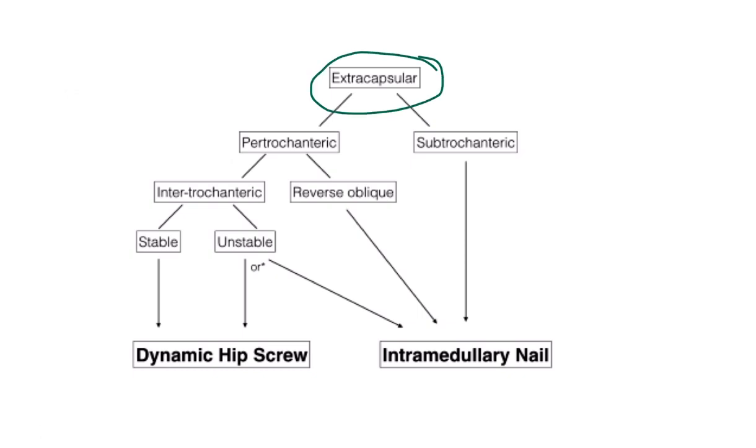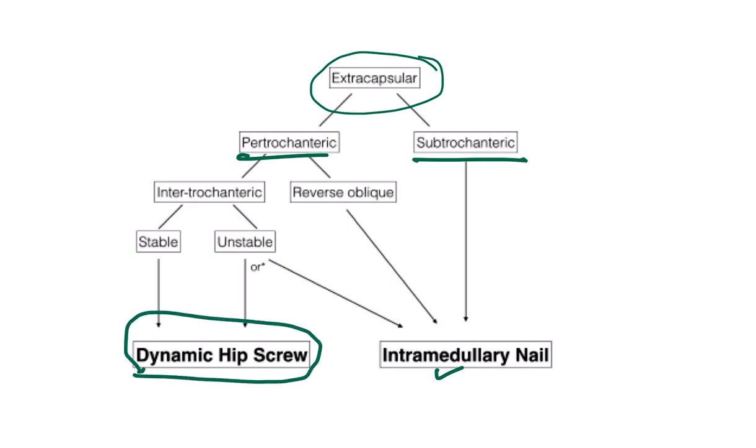But in the case of extracapsular fractures, which is another important point, meaning outside the capsule, what may be the option? When it is subtrochanteric, below the greater and lesser trochanter, it is directly an IM nail or intramedullary nail. But when it is peritrochanteric, through the greater and lesser trochanter, the dynamic hip screw is an option.